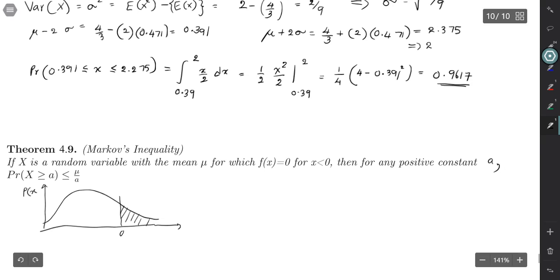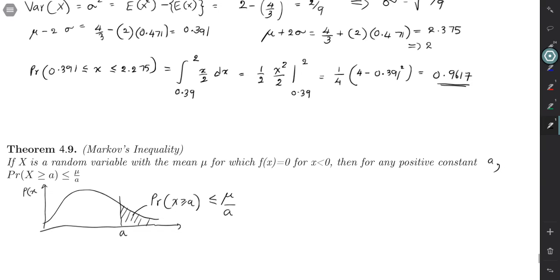The probability that x is greater than a is always less than or equal to the mean of this random variable divided by a. So that is Markov's inequality.